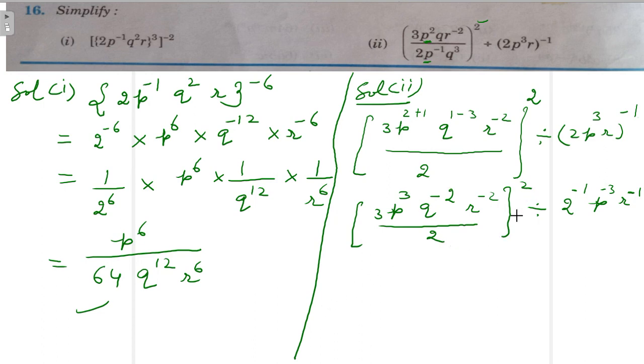Now this is power of all this, so this would become what? 3 times 3 is 9, 9p 3 times 3 into 2, 3 times 2 is 6, 6, q raised to power 2 times 2 is 4, minus 4, r raised to power 2 times minus 2 is minus 4, right?